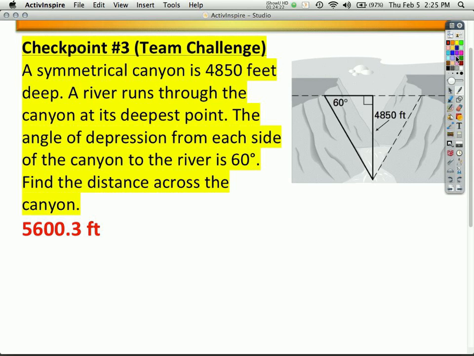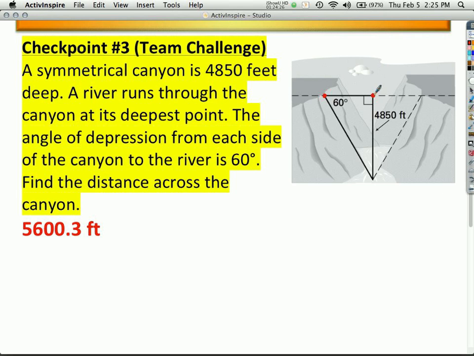Could someone tell us, without the answer, what we can use to represent this side of this triangle that we established? What should I label that segment? Valerie? This is going to be x. And I know that this is already 4,850, but without the number, what would we label that segment? Stephen?